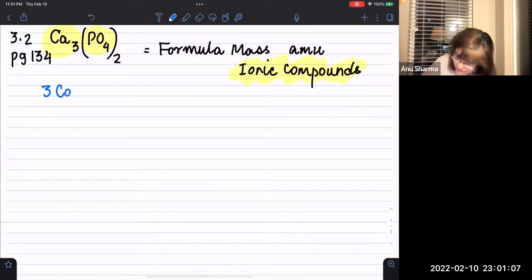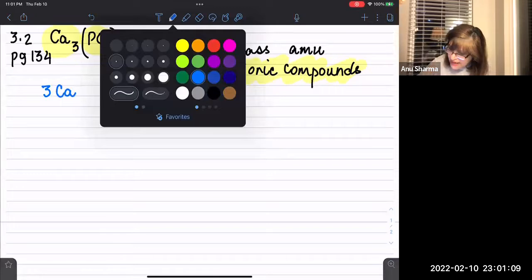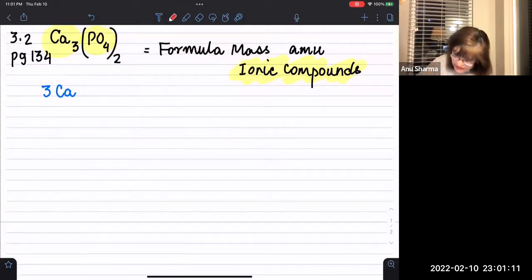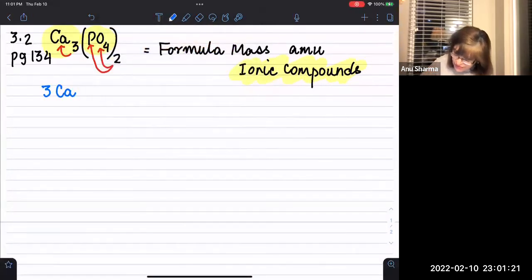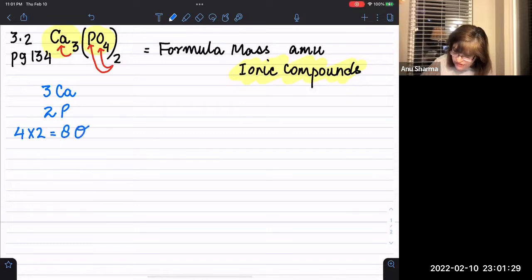Remember that this 3 applies only to calcium, this 2 applies to phosphorus, and this 2 applies to oxygen. So we have 3 calciums, 2 phosphorus, and 4 times 2 is equal to 8 oxygens.